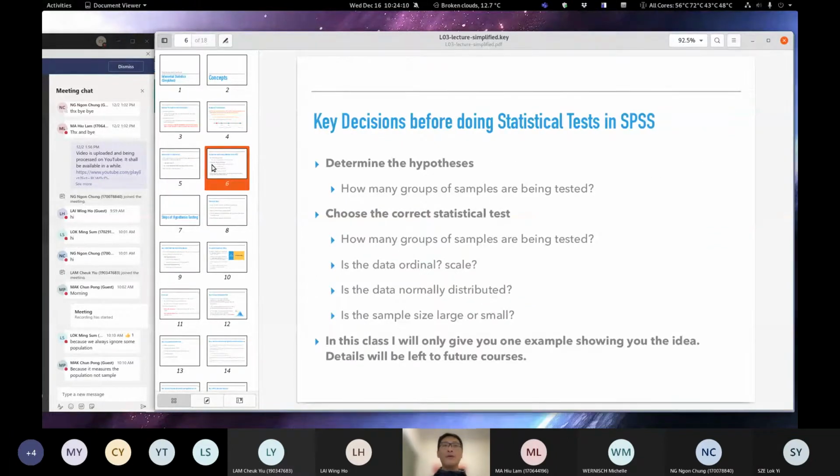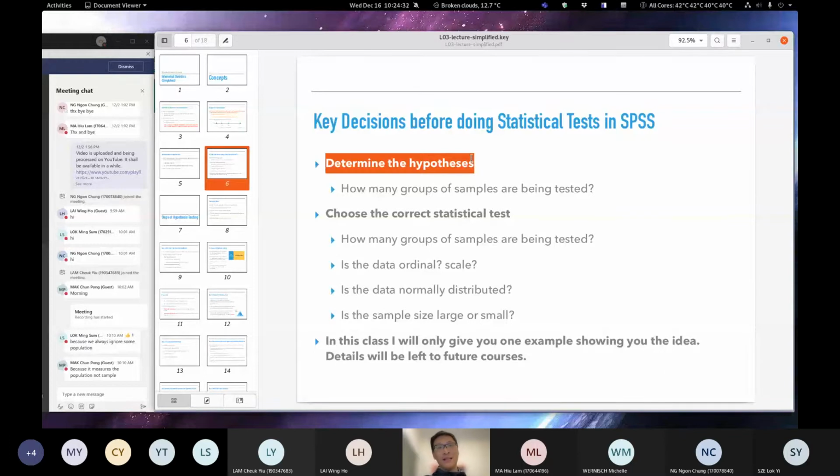So how do we do the statistical test to determine whether the population mean is equal to 10 or not? Basically, we have to do a few steps. First, you need to determine the hypothesis. Hypothesis in Cantonese, we call it 假設.